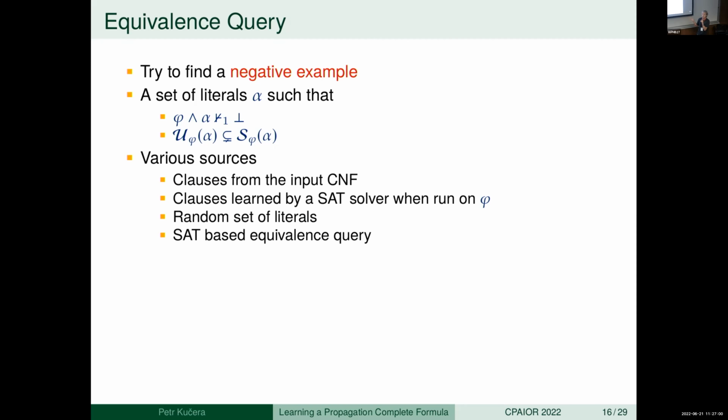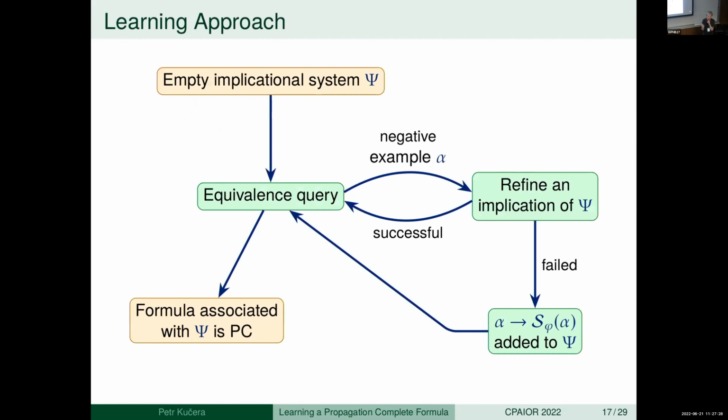So we have some literal that is implied but not derived by unit propagation. We can use various sources to find these negative examples. The first, of course, are the clauses from the input CNF. The algorithm starts with an empty implicational system. Then we can use random queries, but most important is the satisfiability-based equivalence query.